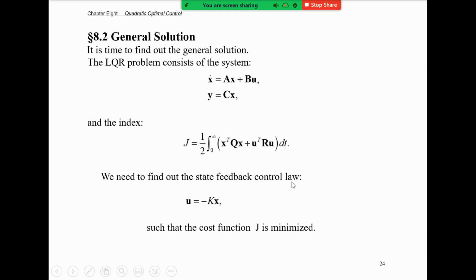We want to find a state feedback control law in this form, U equals minus KX. Remember, we're talking about the multiple input case. So X is a vector, the input U is also a vector, and K is a matrix.